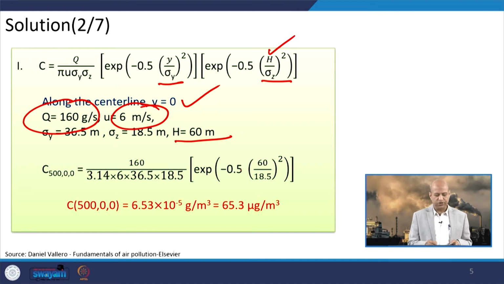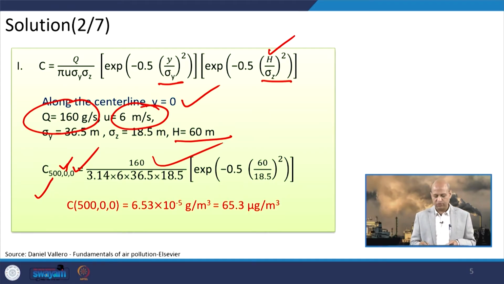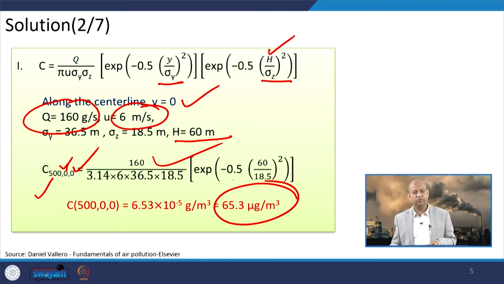Now, you put those values and you get the concentration, that is C(x, y, z) with y 0, z 0, x 500 meter, so C(500, 0, 0). For that this calculation happens and we get the calculated concentration at 500 meter in the downwind direction at the center line at the ground level, that is 65.3 microgram per cubic meter.